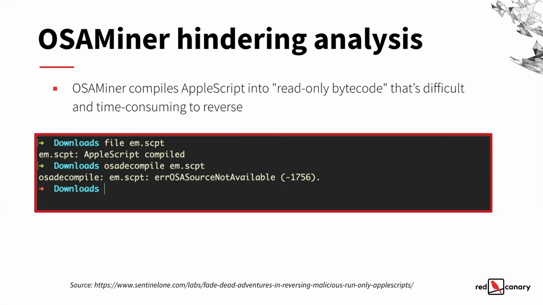If you have a read-only AppleScript, whenever you try the osadecompile operation, you're going to get an error message that says, hey, it's read-only, can't pull your source. Sorry, dude. And that's essentially where, if you don't have those extra disassembly tools that Phil and the others put out, you're going to have some problems.